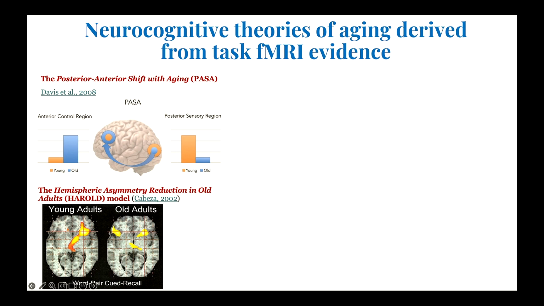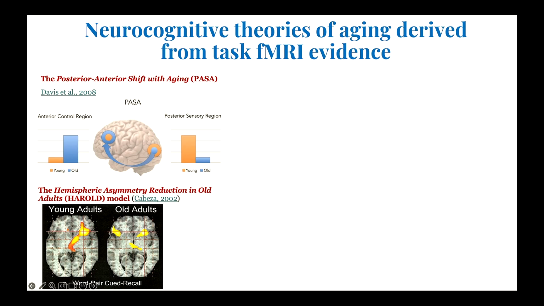You have heard about structural asymmetry in the first talk, and also about asymmetry in speech and music processing. Here, individuals are given a task, such as recalling word pairs in a cued manner, which is more like a verbal memory task.